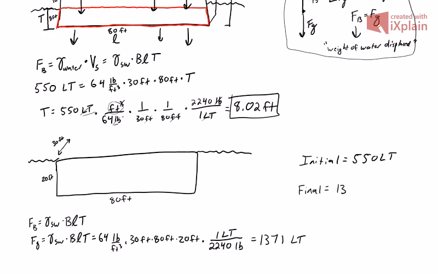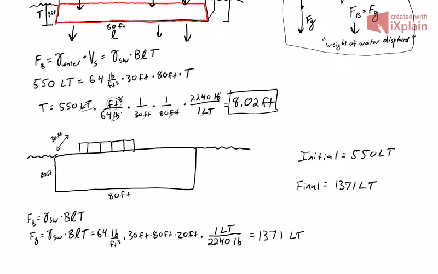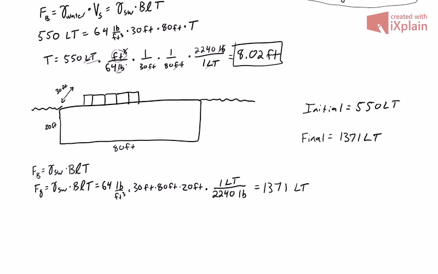Final: 1,371 long tons. And again, that's the final after we've stacked all the boxes on top of it that sank it. So if initially it was 550 long tons and in the end it was 1,371 long tons, then the weight of the cargo we added is just the difference between those. So the weight of cargo is going to be equal to 1,371 long tons minus 550 long tons.